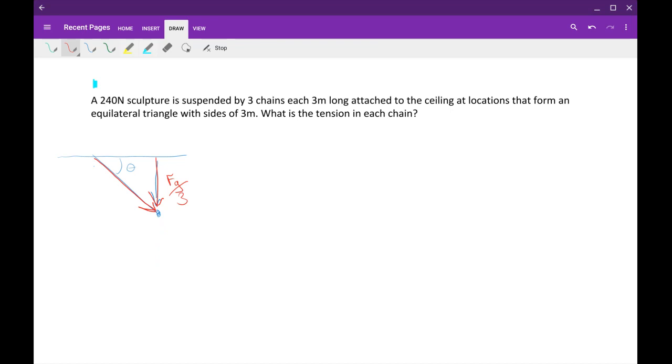To figure out the force of tension, we say that the sine of that angle is equal to the opposite side, the force of gravity over 3, divided by the force of tension in the chain, because it's the opposite over the hypotenuse.